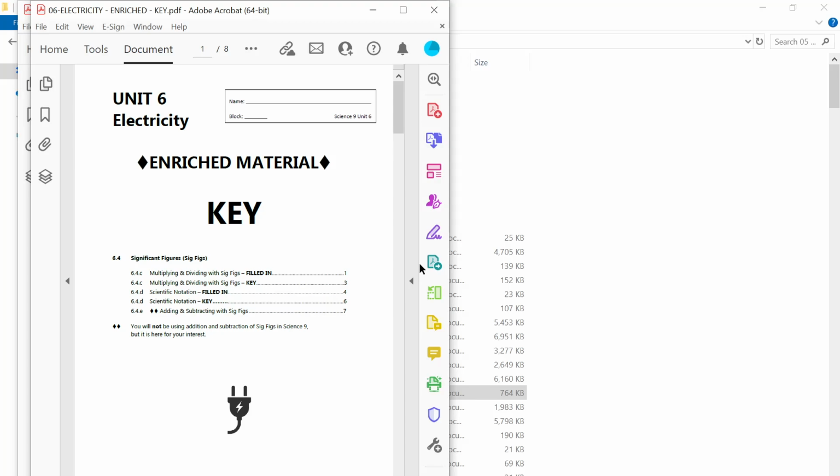There's the enriched answer key. Enriched answer key. Okay. I can just have a second one. Sure. Yes, isn't this wrong, right?